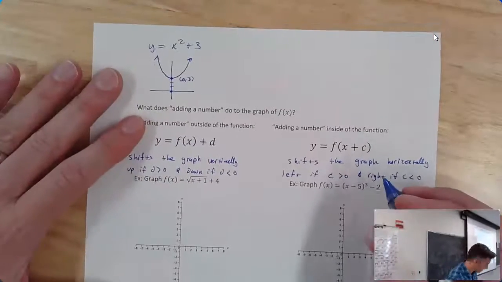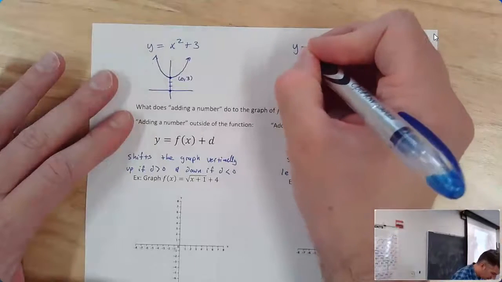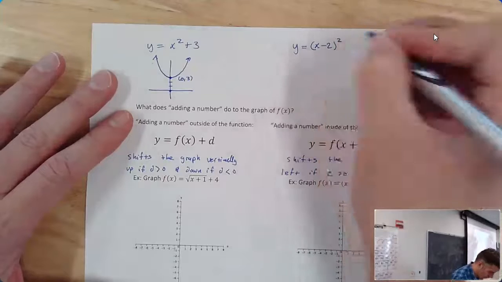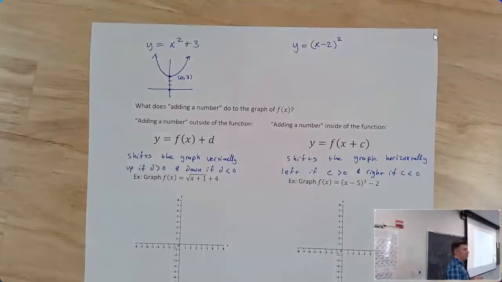So here's what I like to think of. Let's look at the example up here for a second. Let's say we want to graph y equal to x minus 2 quantity squared. Usually, if I was graphing just y equals x squared, my vertex would be at the origin, x is 0, y is 0. Now I'm going to shift this 2 to the right, because x needs to be 2 larger than it would have been to still get the same y value back.